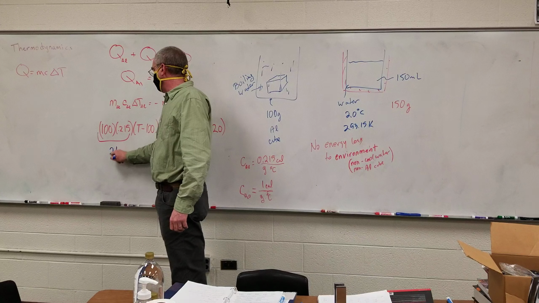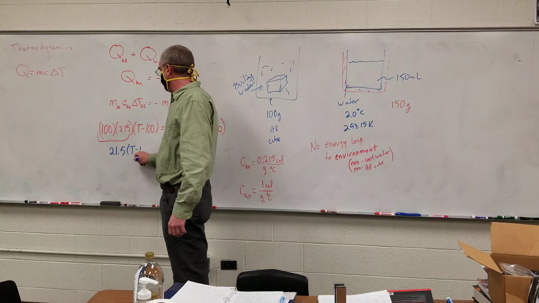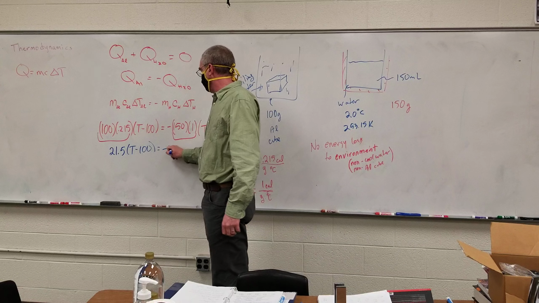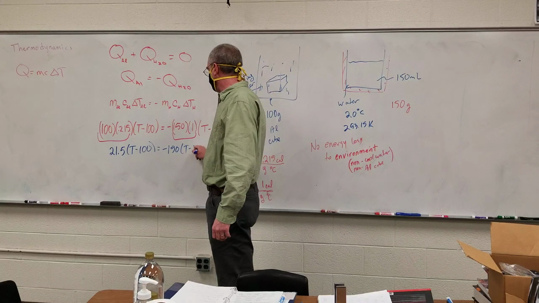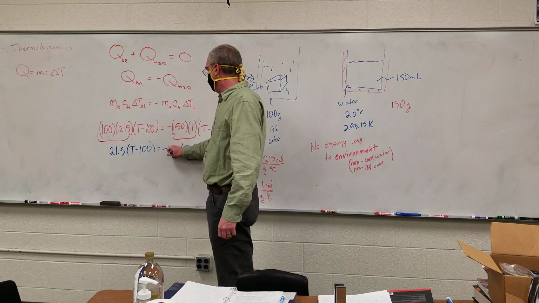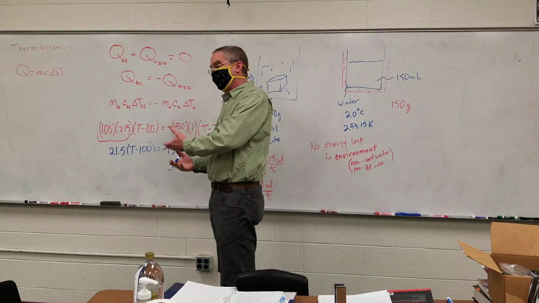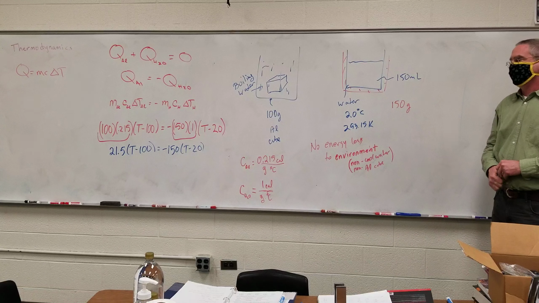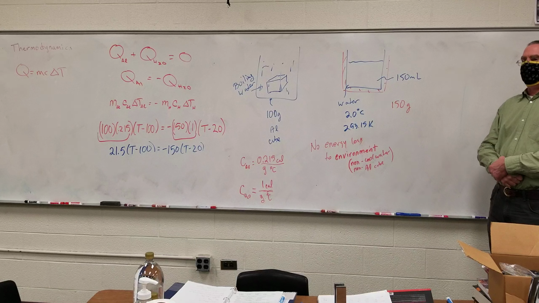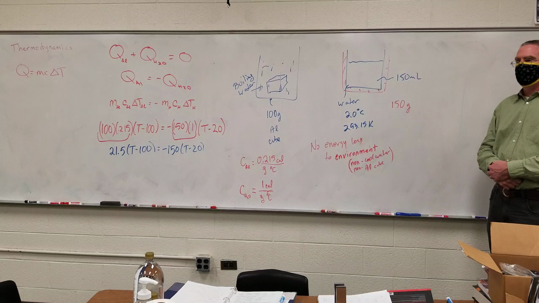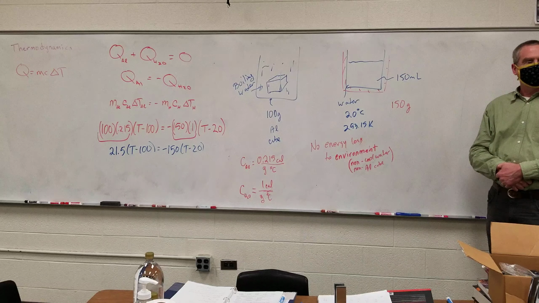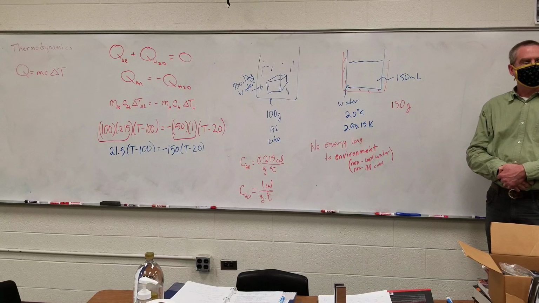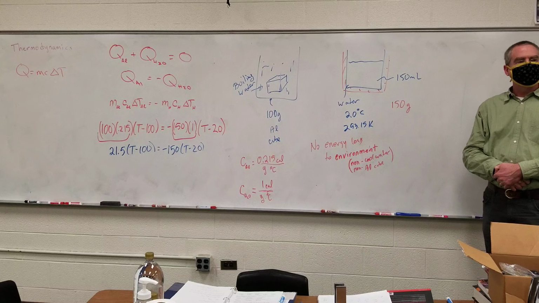So that's 21.5 times T minus 100 equals negative 150 times T minus 20. If nothing else, it looks less cluttered to me. Now what do we do with that? What's the math operation? Does it become 21.5 T and then you multiply 21.5 with 100 to get the left side?